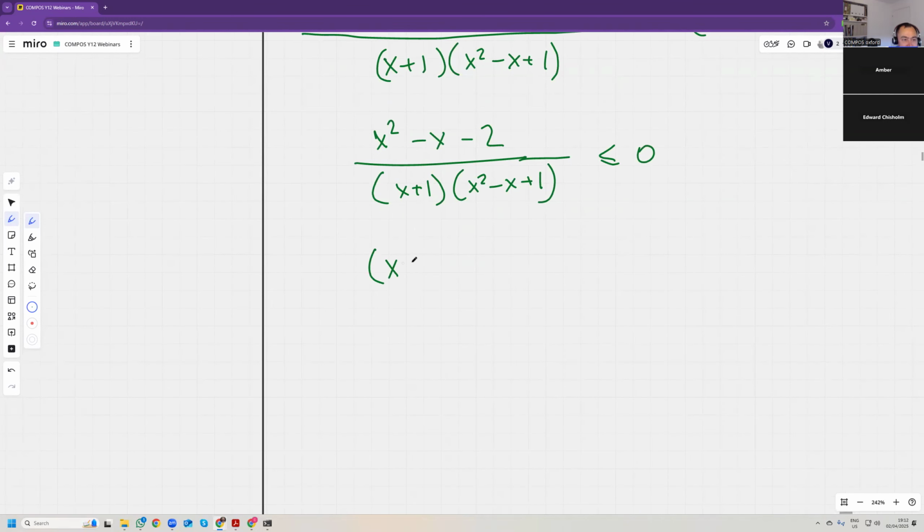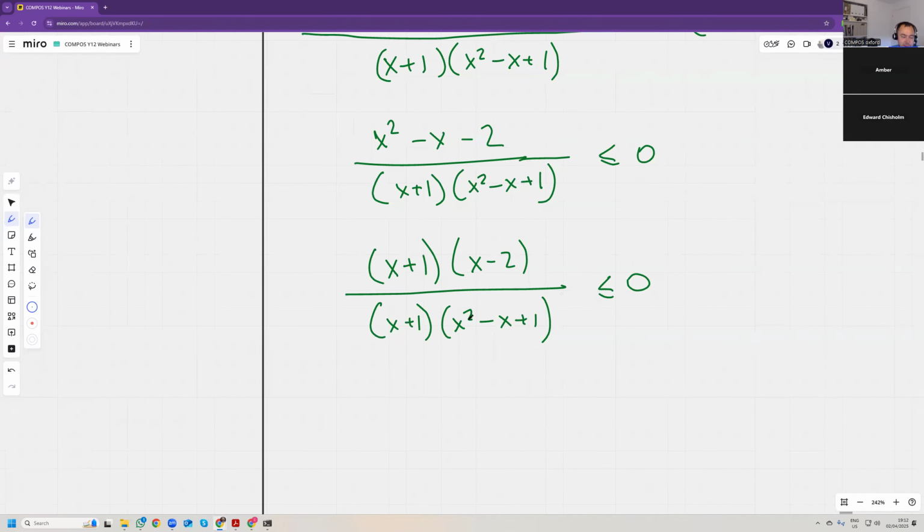This becomes x plus 1. Ooh, interesting. x minus 2. And then x plus 1, x squared minus x plus 1. Now, you might be tempted to get rid of the x plus 1 factor.